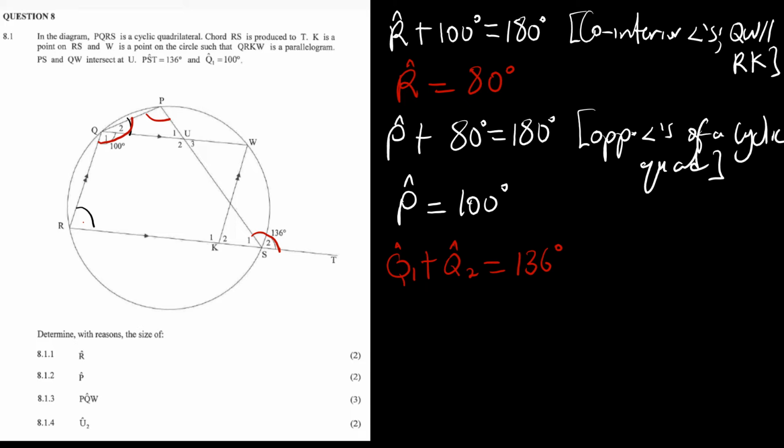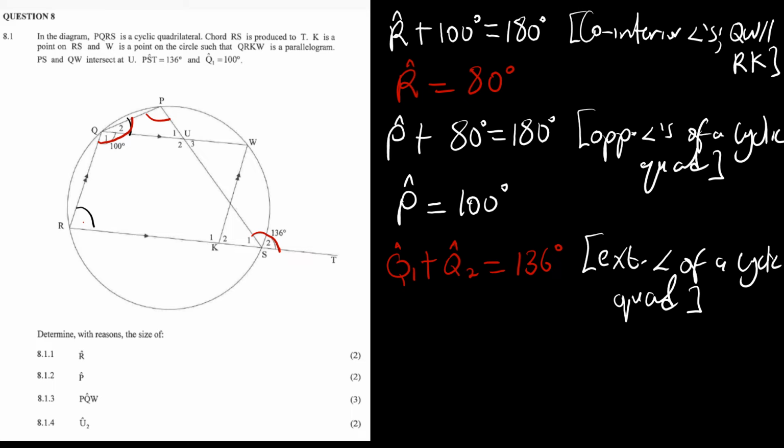The reason is exterior angle of a cyclic quad, because the exterior angle of a cyclic quad is equal to the opposite interior angle. So angle S2 is equal to angle Q1 plus Q2.